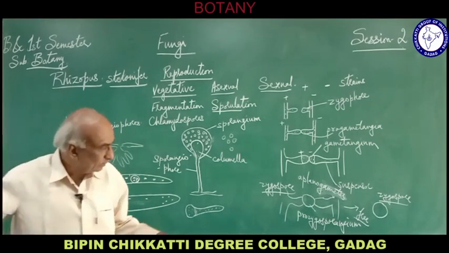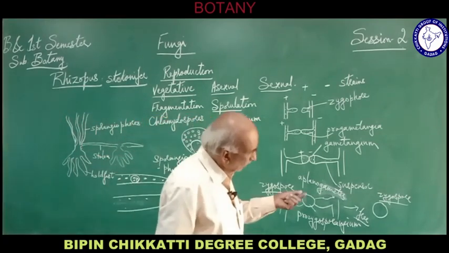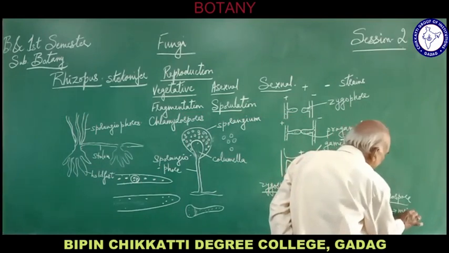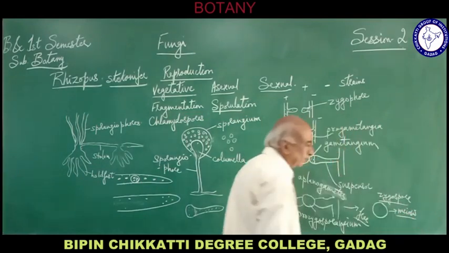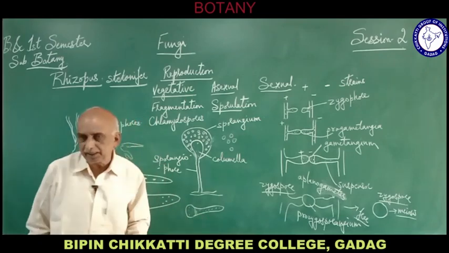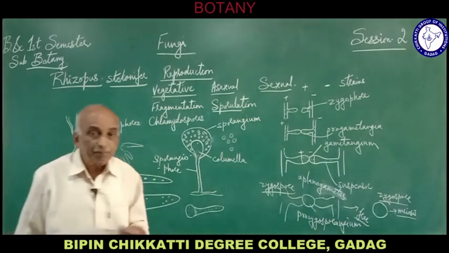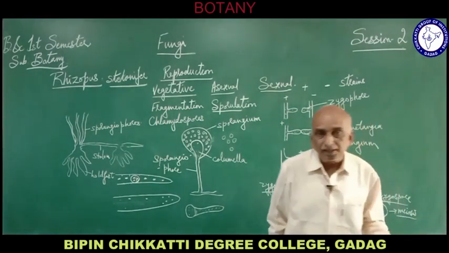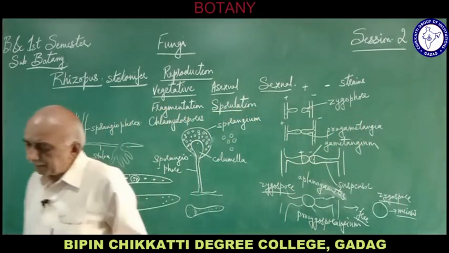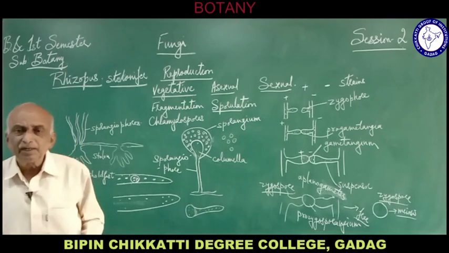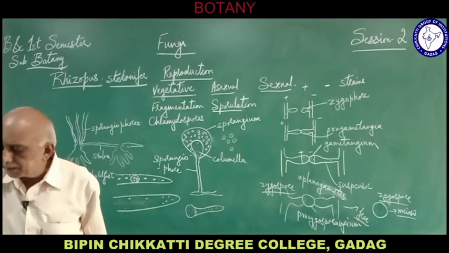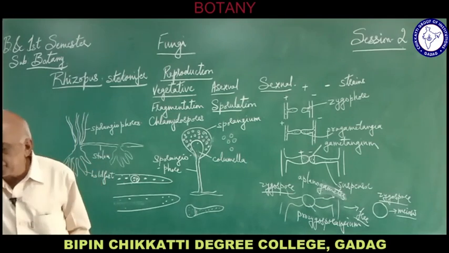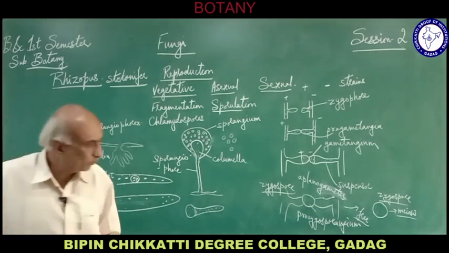Now initially the zygospore undergoes meiosis. So after meiosis, the number of the nuclei will increase. They become haploid, and the haploid nuclei are freely present in the hyphae. So the zygospore grows out into a vertical hyphae called germ tube or promycelium.